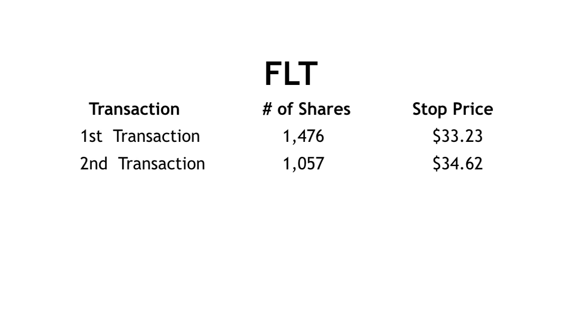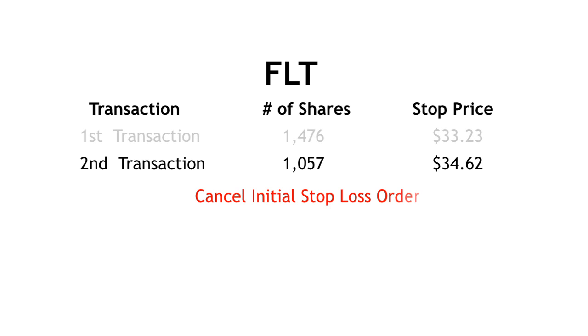The first stop loss order for 1,476 shares at $33.23 will be canceled and a new order of 2,533 shares with a stop price of $34.62 will be entered. You will need to repeat these steps if you buy additional shares for a third and fourth transaction.